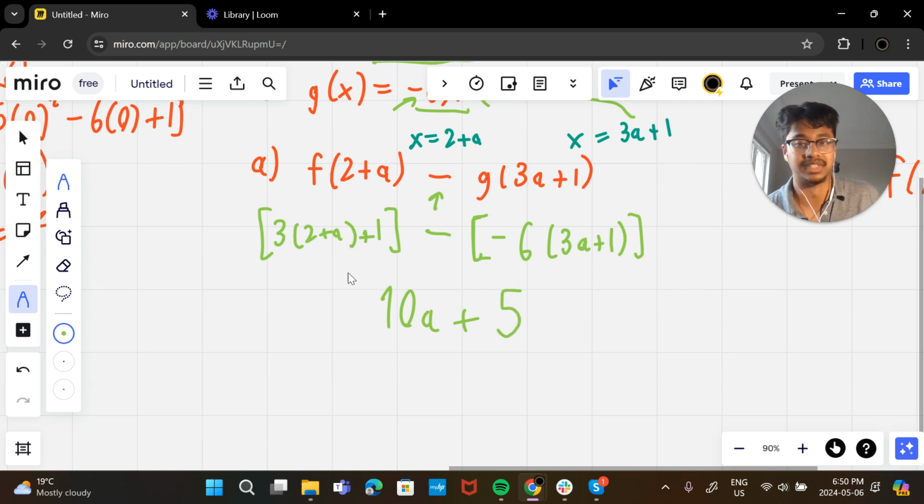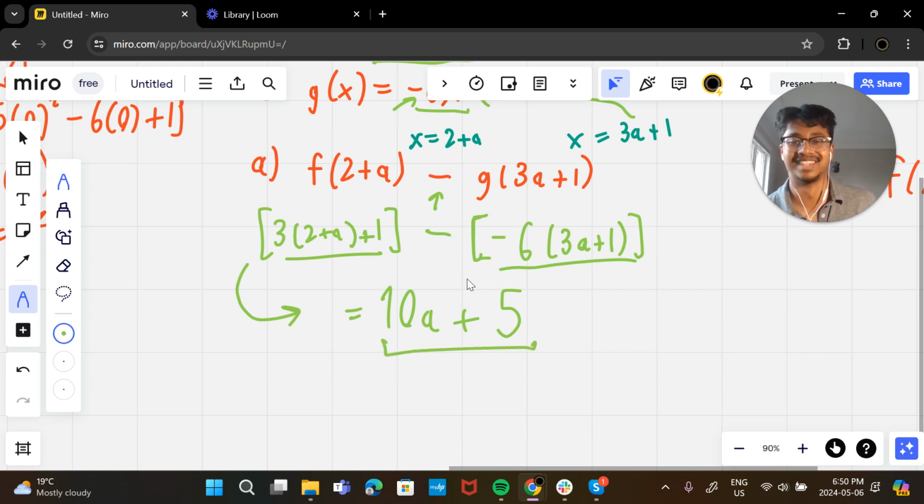But what I'm trying to say is that whatever answer you get from this, if you have a variable in your answer, that's completely fine. That should be your final answer. For example, if you do everything in this bracket, everything in this bracket, subtract the two, and then you get this somehow, then this would just be your final answer. There's nothing to do from there. Can't really get rid of that variable.